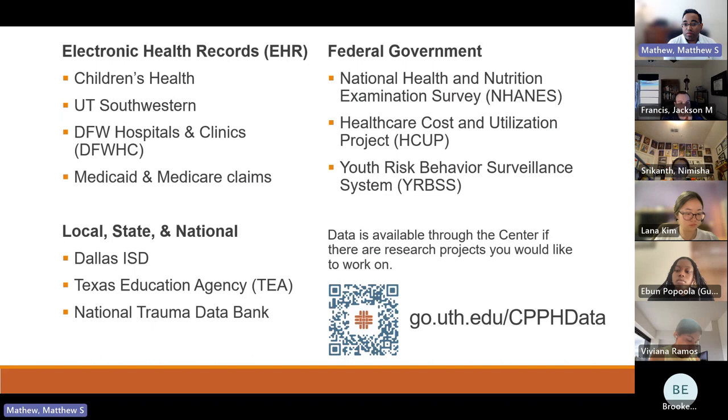So if we wanted to track a patient who was seen as a child at Children's Health, then became an adult, went to UT Southwestern, and later had an emergency and went to Baylor Scott White, DFW Hospitals and Clinics would probably have that data across all healthcare systems for that specific patient. So we could see that patient's hospital and medical journey over time.